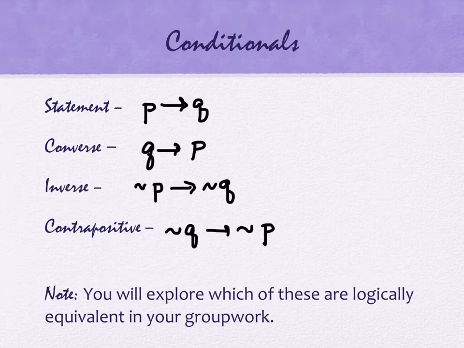And that would be a true statement, right? It would. And we're going to explore in your group work which of these are equivalent to which. And you may already have some sort of an inkling in your mind what you think is going to happen when you do that. But I want to show you one other thing.